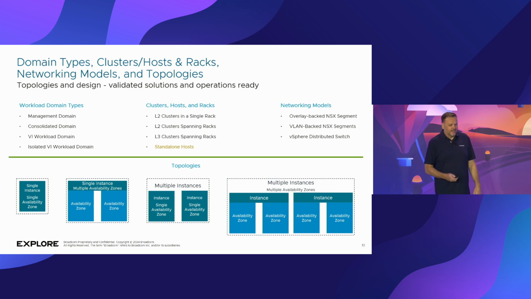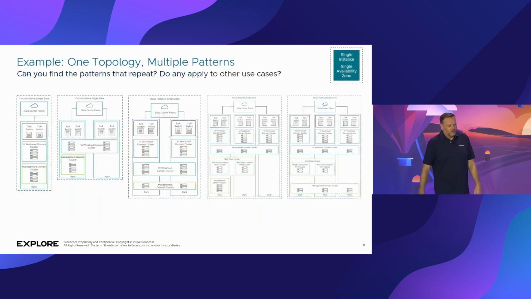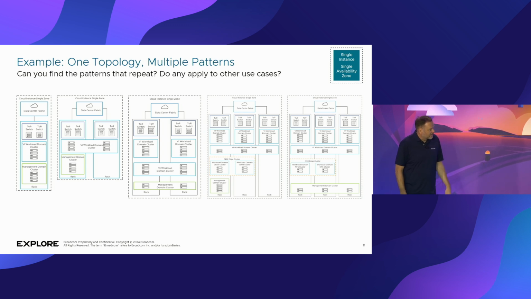Well, within that topology, you can have multiple different patterns you can stitch together based on your needs, availability requirements, and security requirements, right? Now, I say here, can you find the patterns that repeat? I'm not sure that's big enough in the room, but the idea is that you've got management clusters that are deployed within a rack, and management clusters that are deployed across racks, right? You can see the same thing for workload domains.